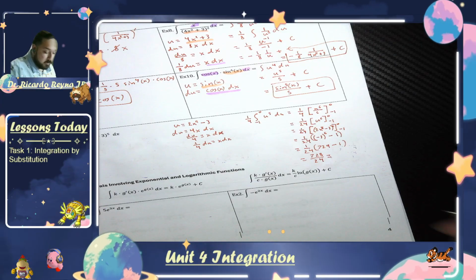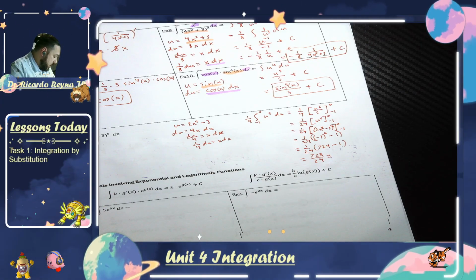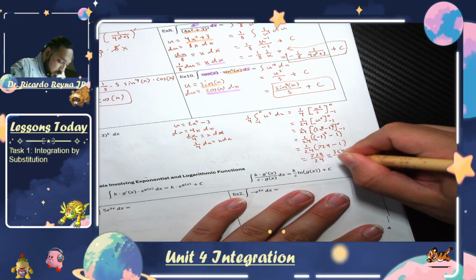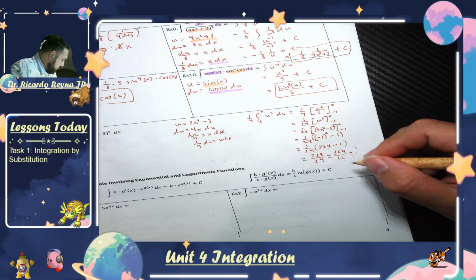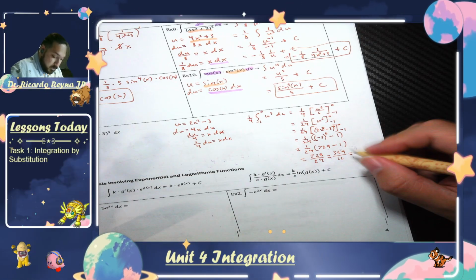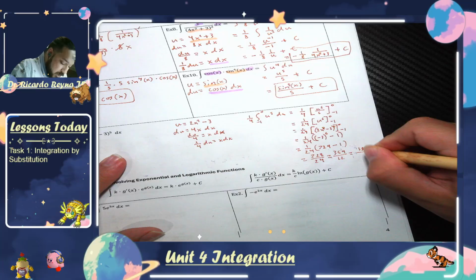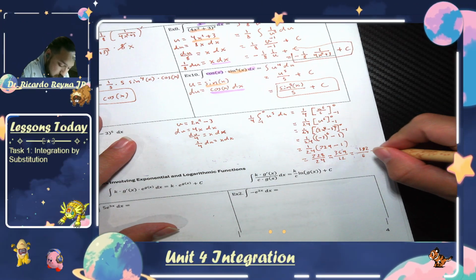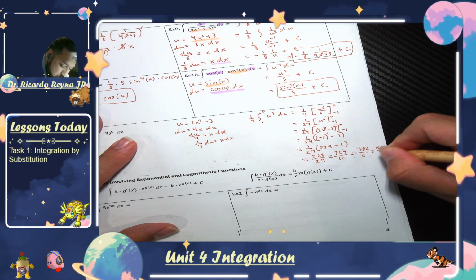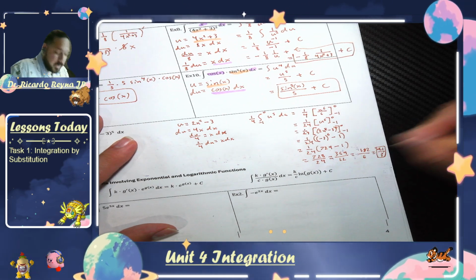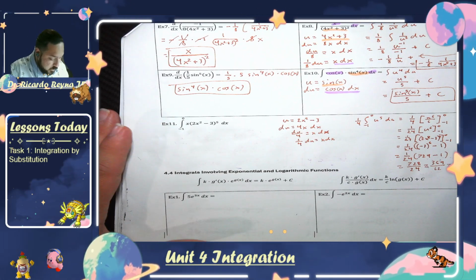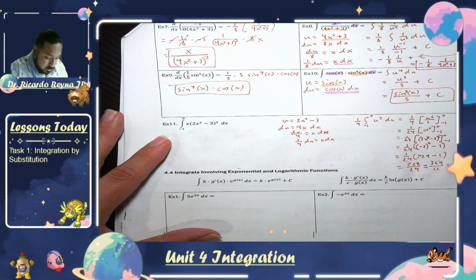Let's keep dividing by 2. So 728 divided by 2, 364 over 12. And then divided by 2 again, 182 over 6. And divided by 2 one last time, 91 over 3. And that's your answer. And that's what we got. So, just keep that in mind.